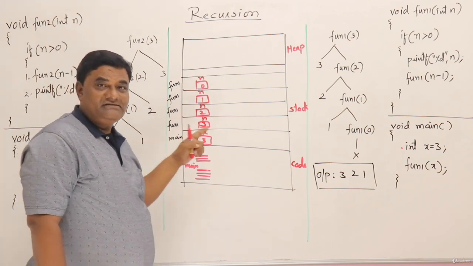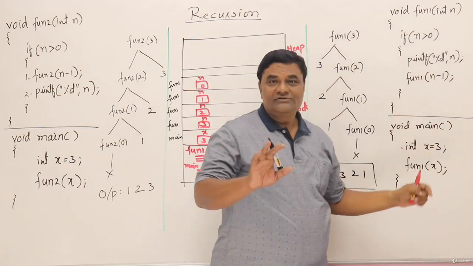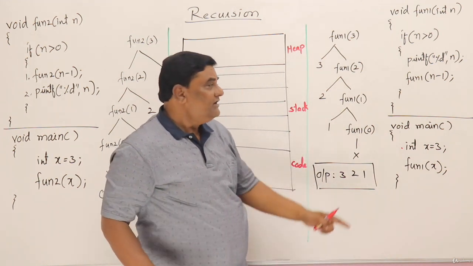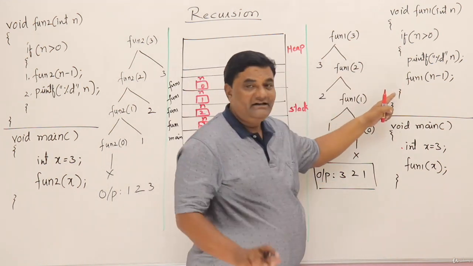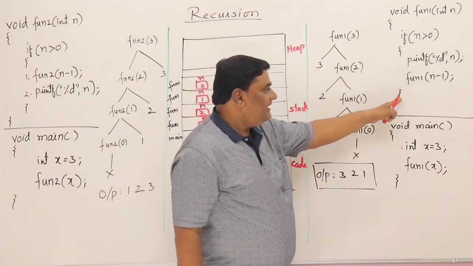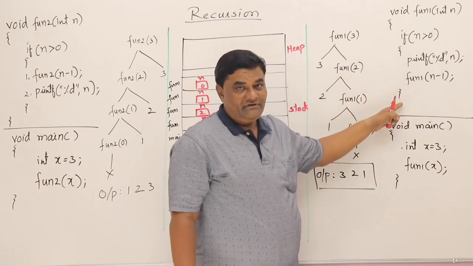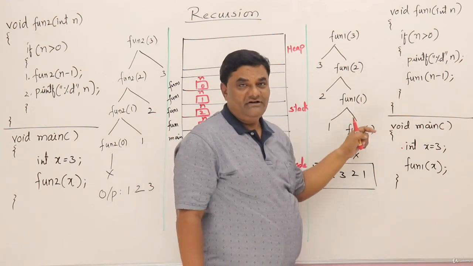This time, as n is 0, n is greater than 0, so no, n is not greater than 0, it will not enter inside, it will not print anything. So it doesn't enter into conditional statement, so it will come out of the function.